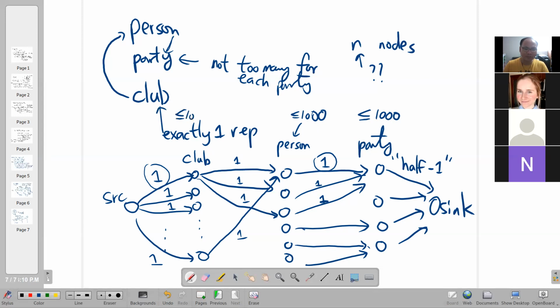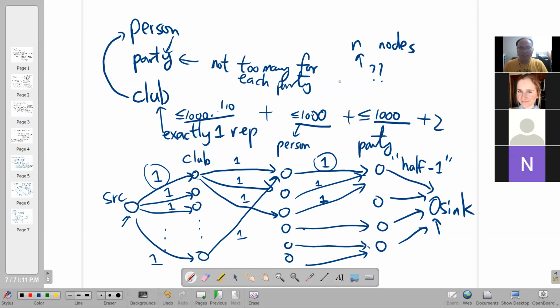In the absolute worst case, every person has exactly 110 different clubs. So it looks kind of big, sorry. But it doesn't really matter, it's just a number. So you basically say that the number of nodes is this plus this plus this plus 2, for the source and the sink, when you build this graph.